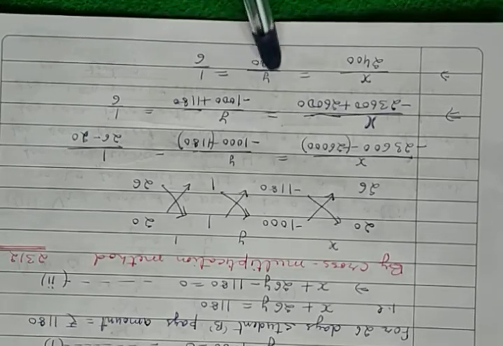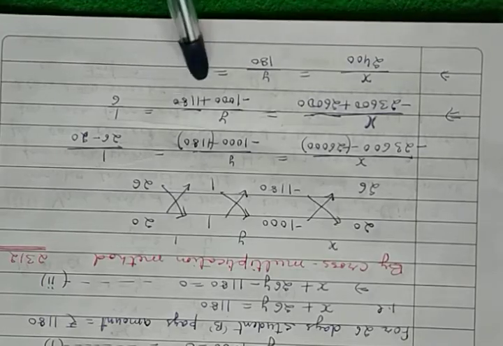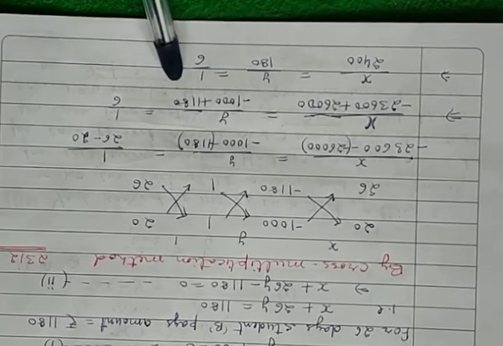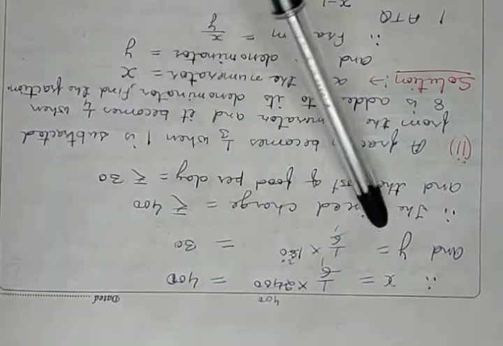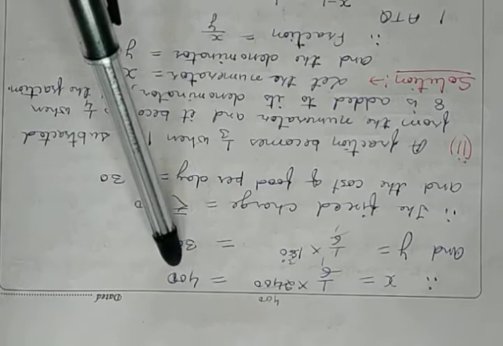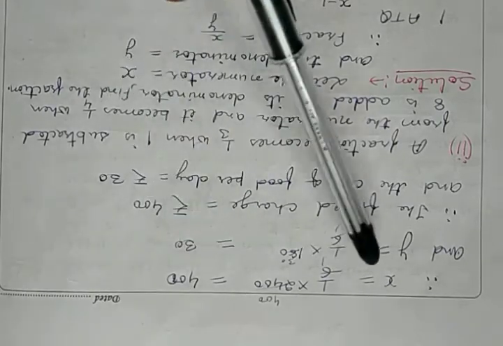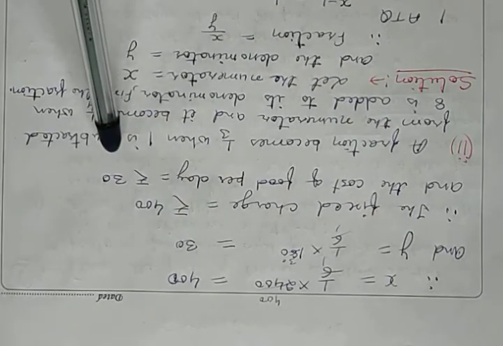So x is the fixed charge, rupees 400, and the cost of food per day, y, is rupees 30.